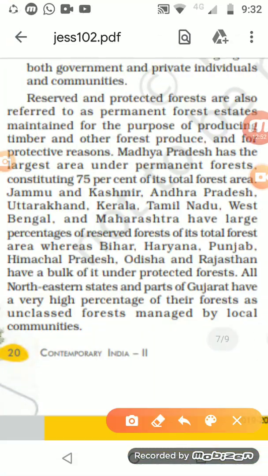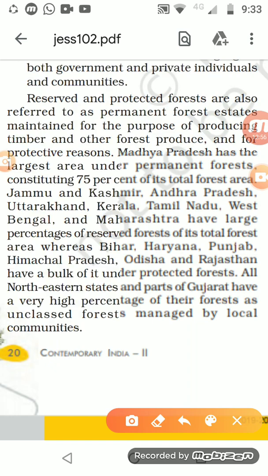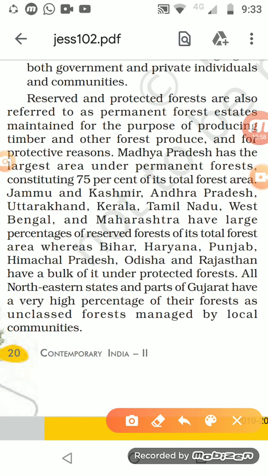Now children, a very important paragraph is given here, about the reserved and the protected forest. Reserved forest and protected forest are also the permanent forests, maintained for the purpose of producing timber and other forest produce. We need a lot of resources from the forest, isn't it? So we need to save these resources properly, and that's why these forests are kept protected and reserved.